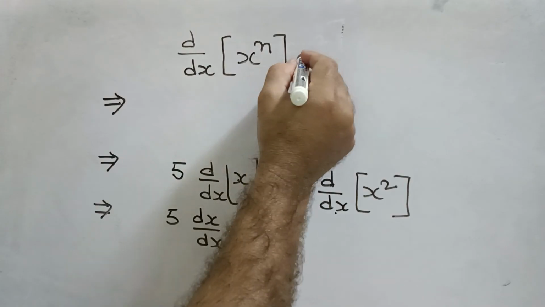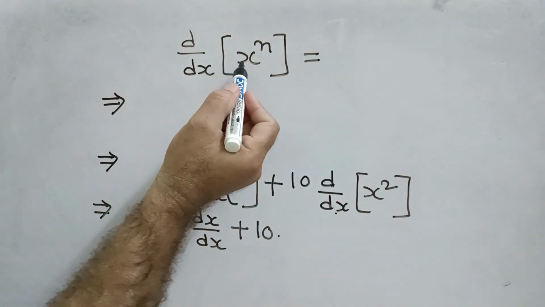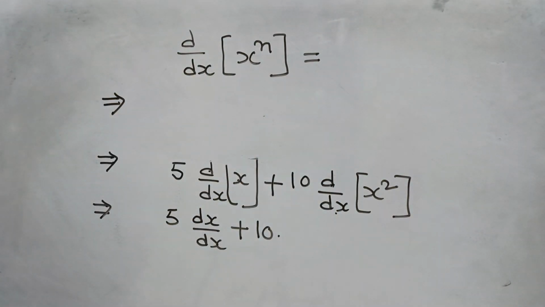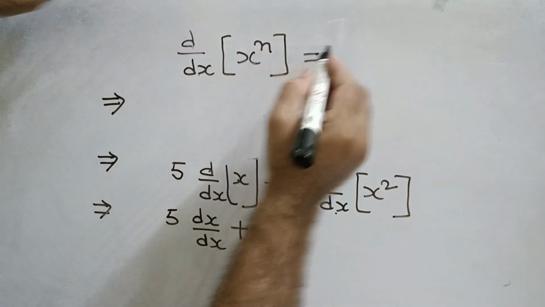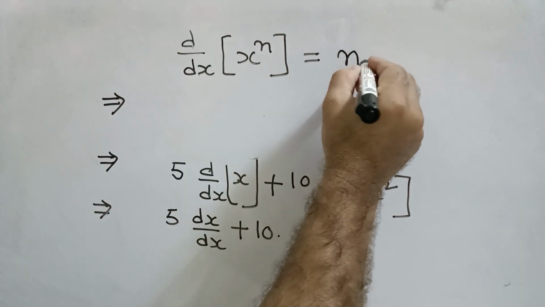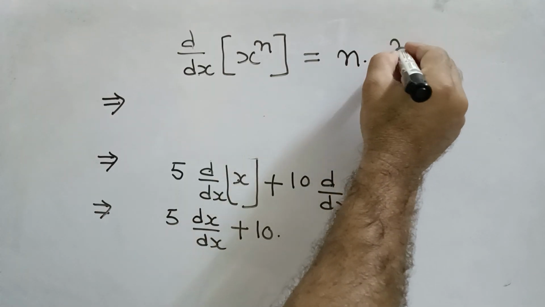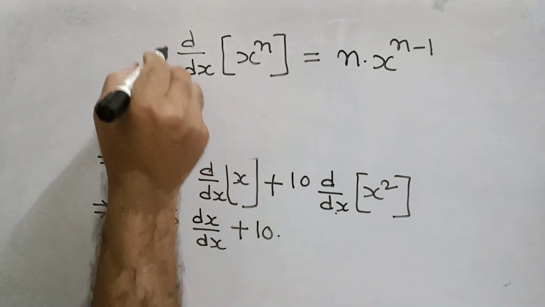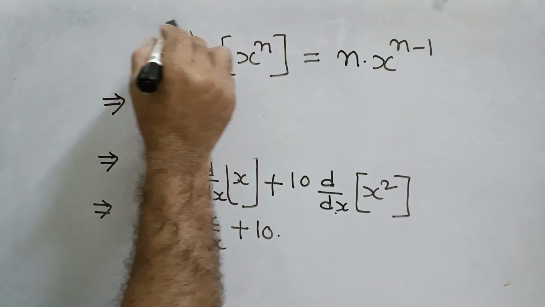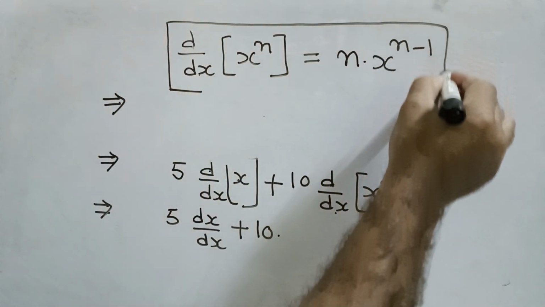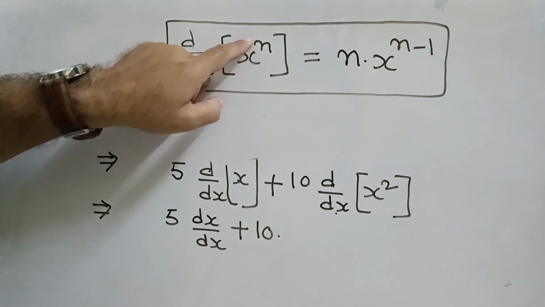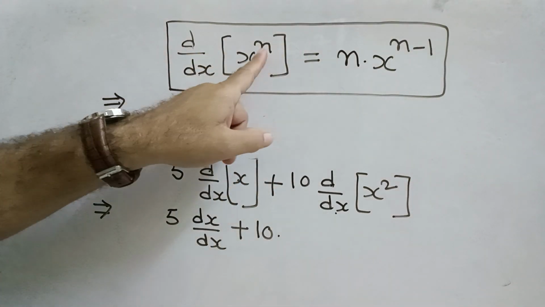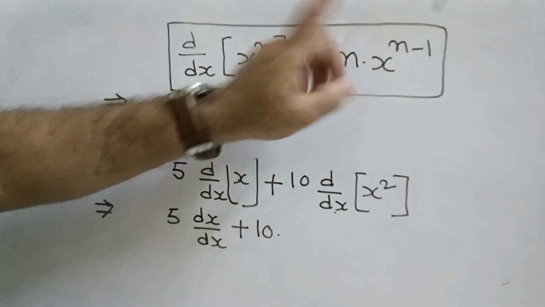If you apply the derivative d by dx of x power n, it is nothing but n into x power n minus 1. That is the formula, and this is the formula you should remember. What is the formula? D by dx of x power n is equal to n into x power n minus 1.